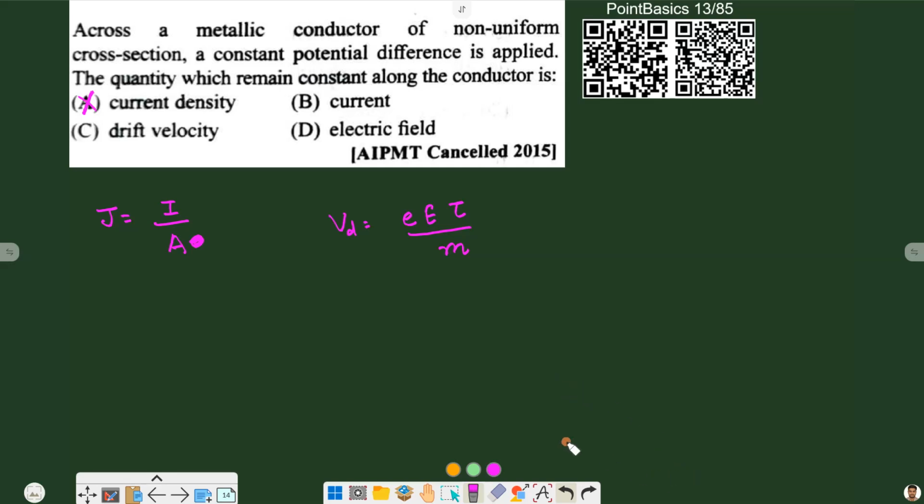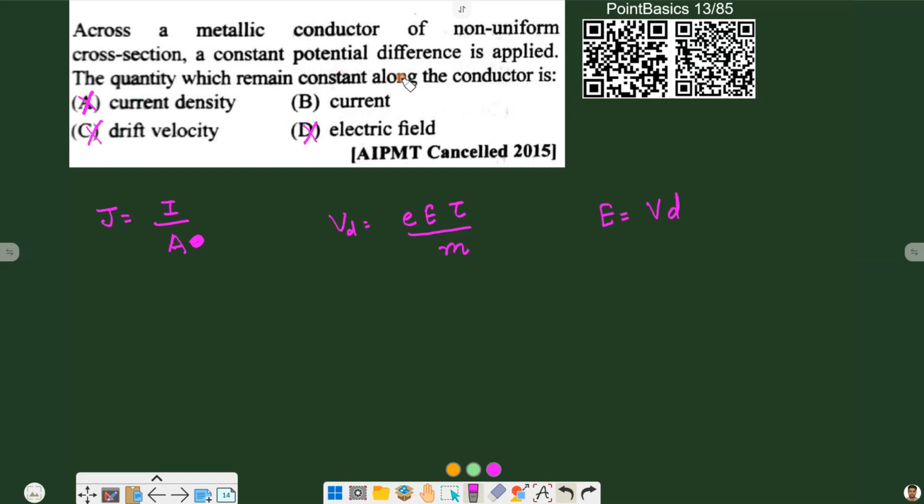Because electric field is equal to potential divided by distance, and we know that potential depends upon current and resistance, and as area is variable, resistance is also variable. So electric field is also not constant, and drift velocity will also not be constant.